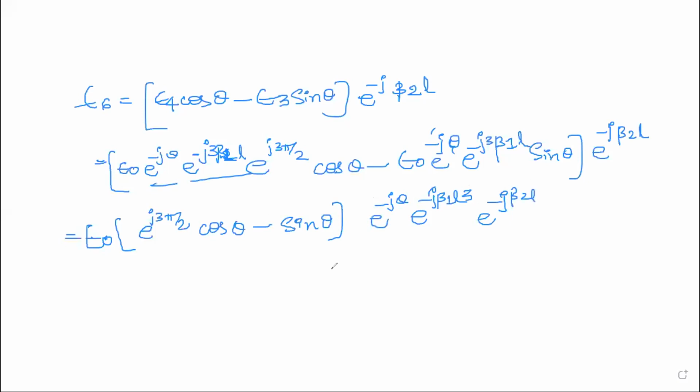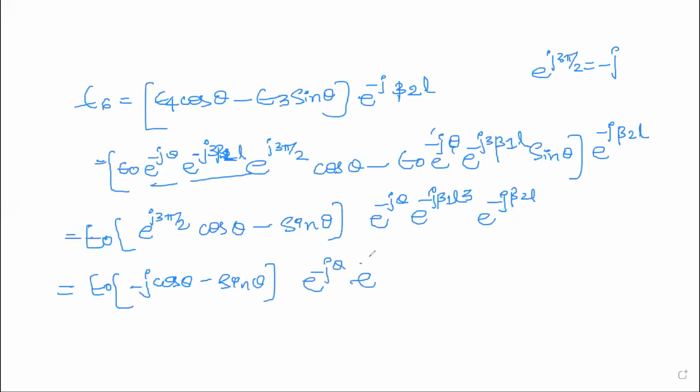Now the next condition is, we know from the previous, e to the power j 3 pi by 2 value will be minus j. So substitute it here: E naught, minus j, cos theta minus sin theta, e to the power minus j theta, e to the power minus j 3 beta 1L.